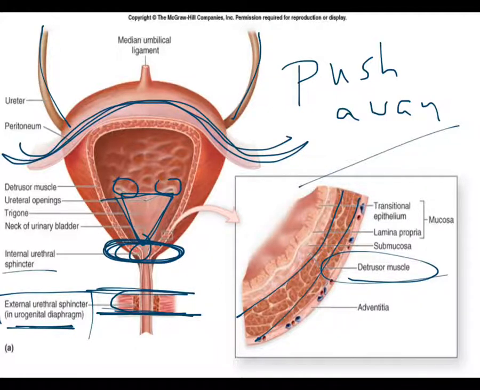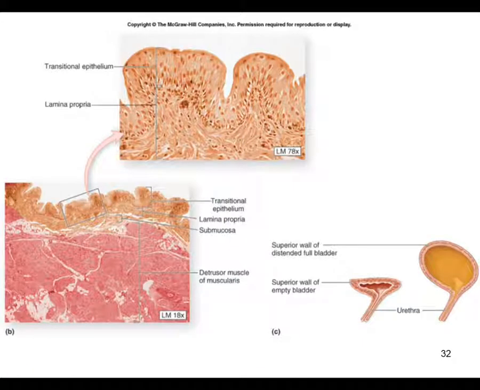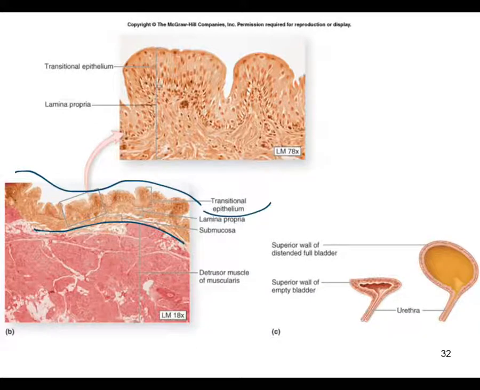There's one additional factor I want you to know about the bladder, and that is that it is lined by a different type of epithelium. I mentioned it in passing back in histology lab, and certainly during the histology lecture. You don't have to recognize it, but I want you to know that the bladder and the ureter are lined by transitional epithelium. Don't worry about memorizing the look of it.